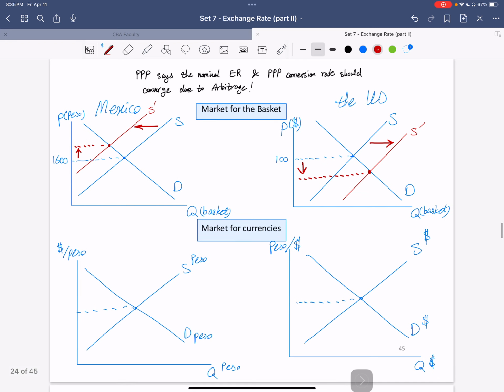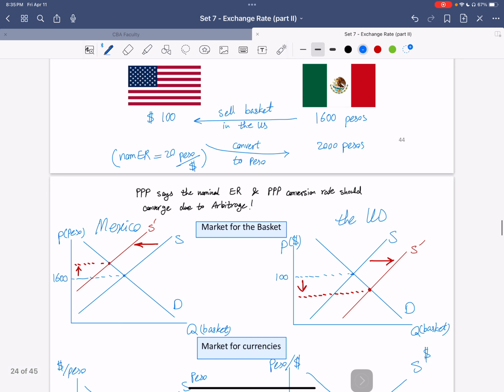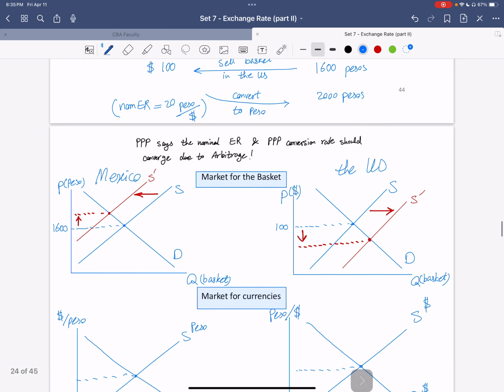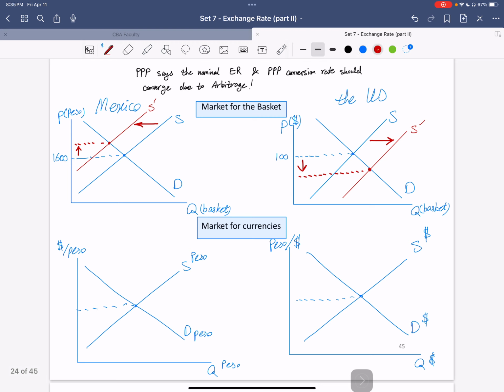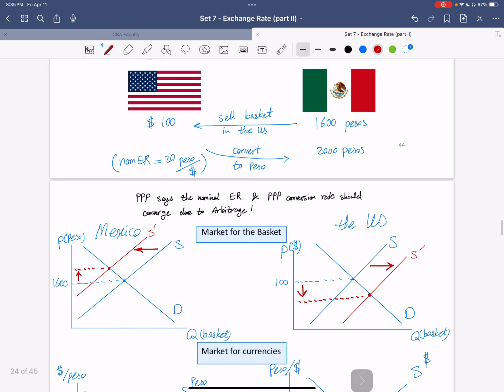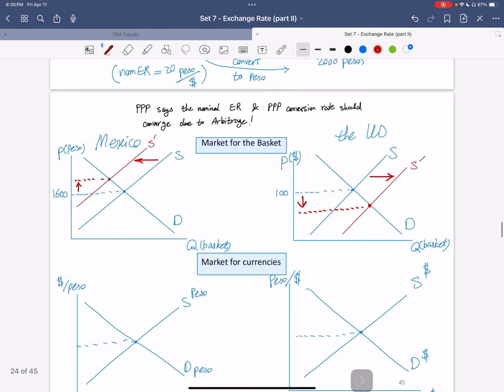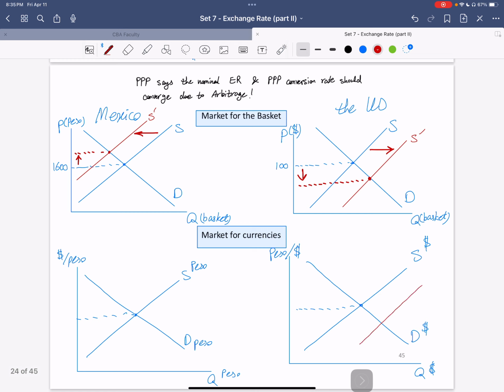Let's look at how it relates to the market for currencies, how it is determining the market for currencies. When these people are buying the goods in Mexico and selling them in the US, it's exactly the same as supplying more dollars. This time we take the dollars into the market, the supply of dollar increases, and the demand for peso is increasing.